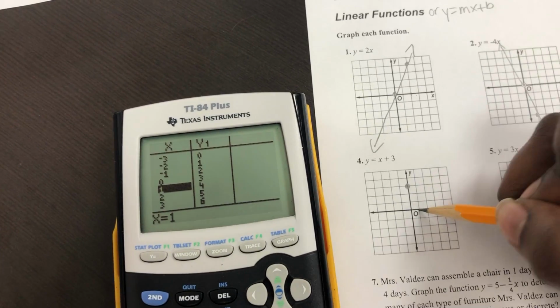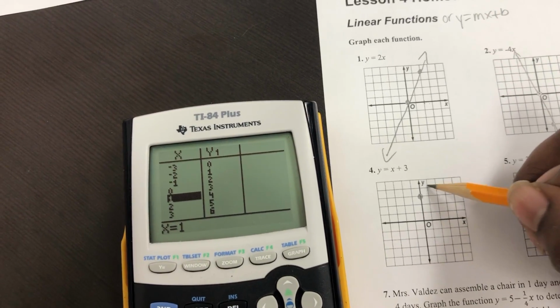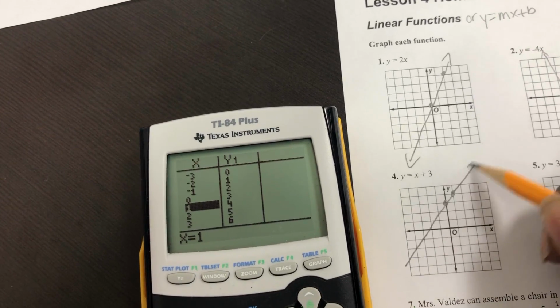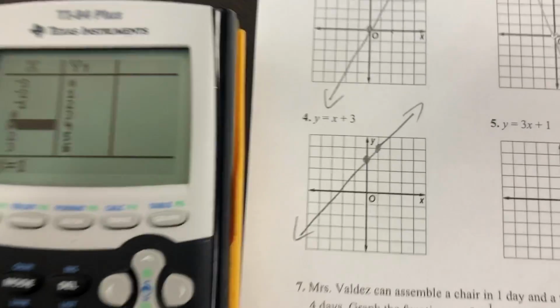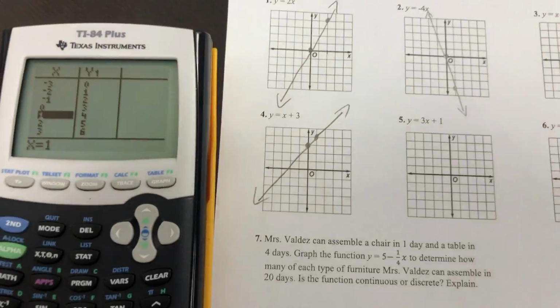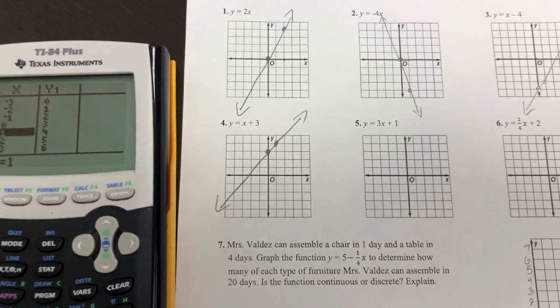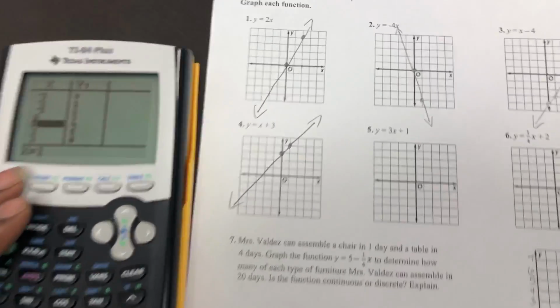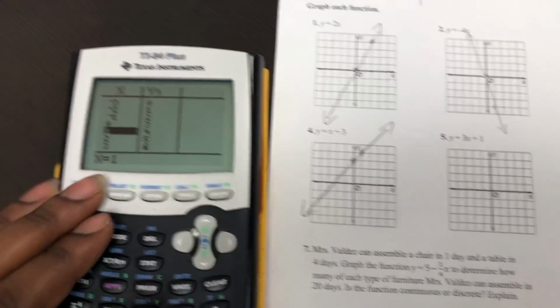So 1, 1, 2, 3, 4. Okay, of course, your lines aren't going to be perfect. I'm not asking for that. I just want to make sure that you know to take 2 points, plot them, and then make your line from there. All right, number 5 says y equals 3x plus 1.